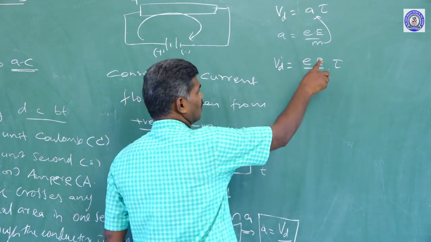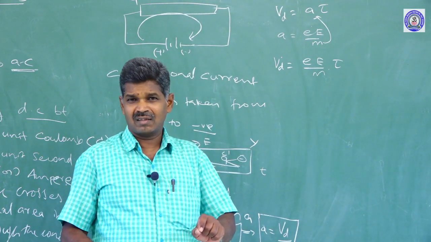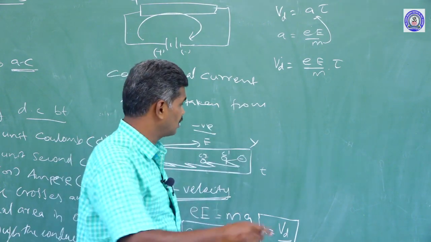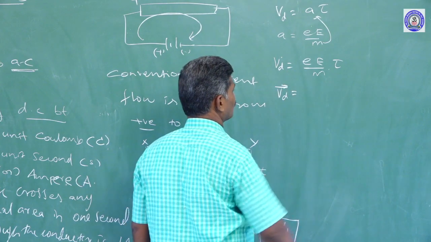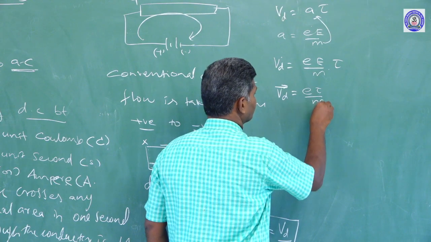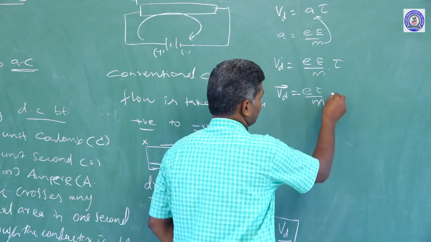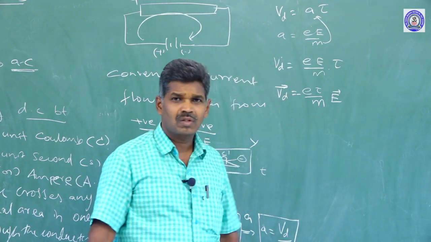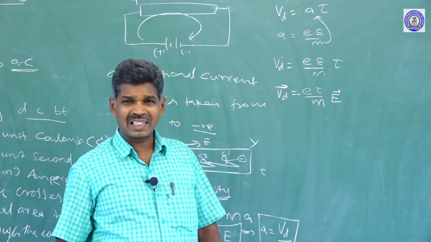The electric field is a vector quantity acting in one direction, so the drift velocity acts in the opposite direction. That is why we put a minus sign: Vd vector is equal to minus eτ by m into E vector.